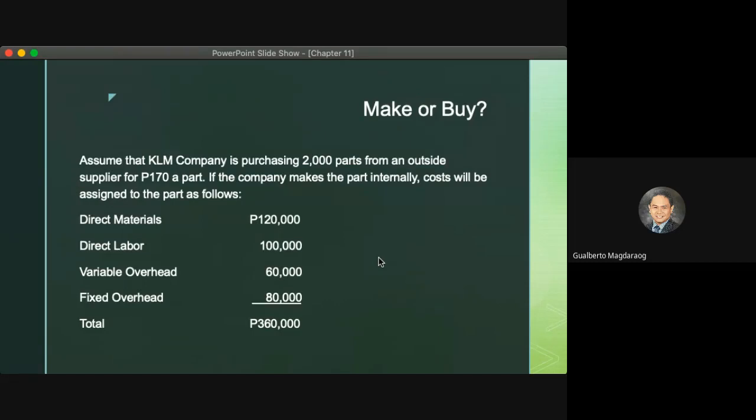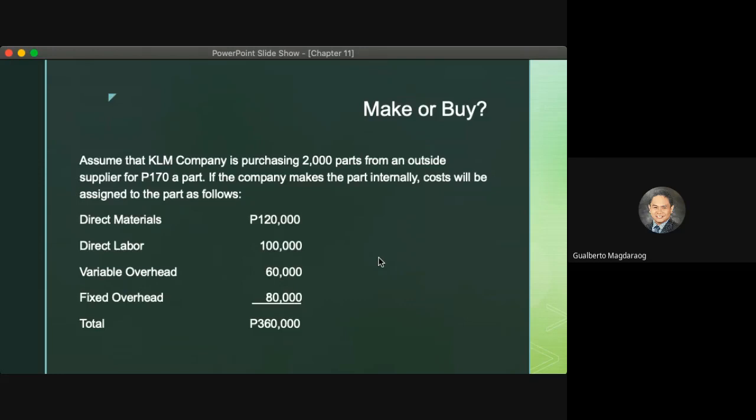However, a closer look at the composition of your product cost or production cost na 360, you charge fixed overhead of 80,000. And you realize na whether you make it or buy it outside, you will still pay for the fixed overhead of 80,000. Hindi naman magbabago.